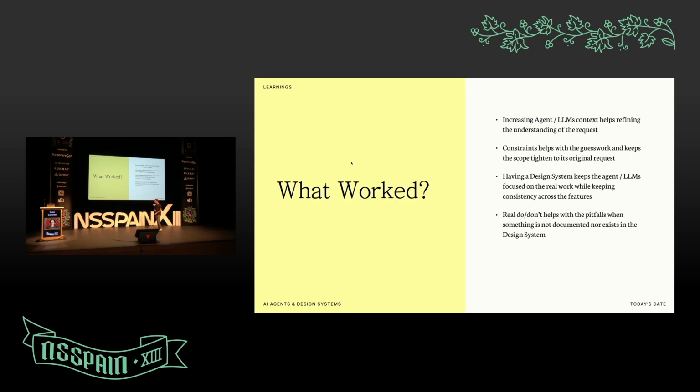Providing real examples of do this, don't do that, actually helps the agent understand the bad patterns and the good patterns to follow. For instance, we work with tokens everywhere at Bumble, and giving the agent the ability to understand how the token system works and how to connect things reduces the amount of hard-coded information in our prototypes.